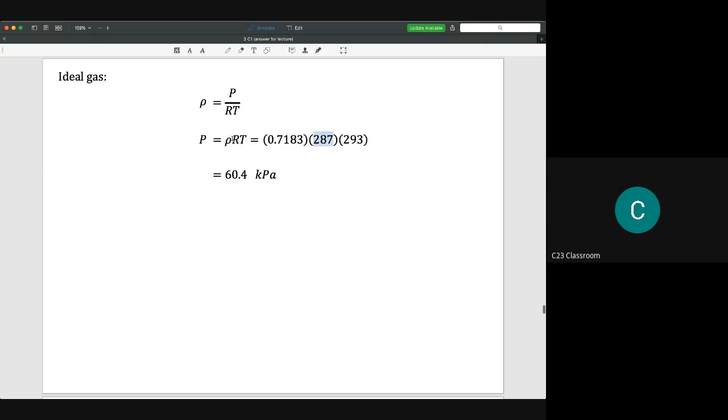Please be careful, because the value of R, the gas constant, keeps changing with the type of gas, because you need to calculate it by 8,313 over molecular mass. For atmospheric air, it is fixed at 287. But if the gas is nitrogen or hydrogen, oxygen, and so on, if it is only one type of gas, you need to calculate your own gas constant here.